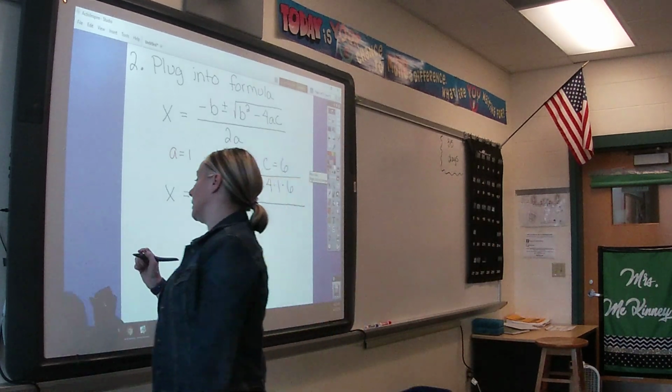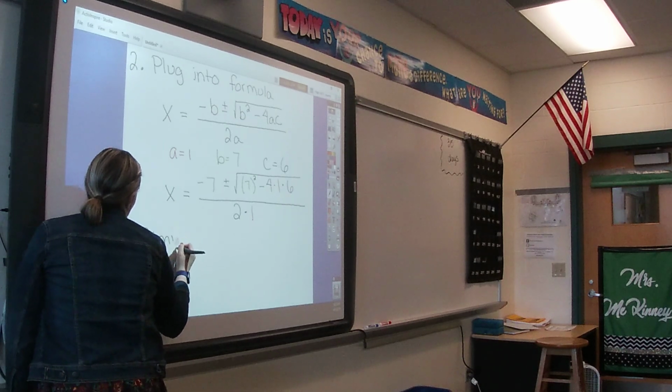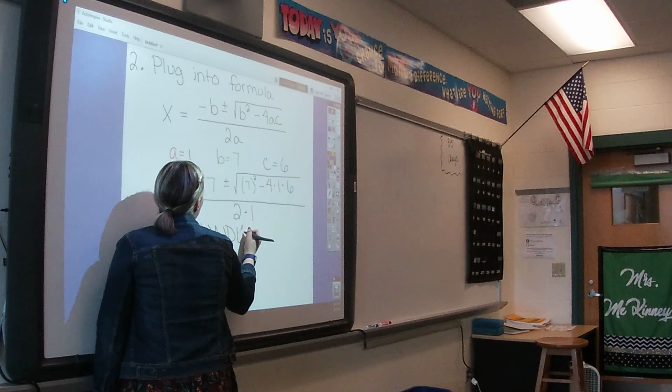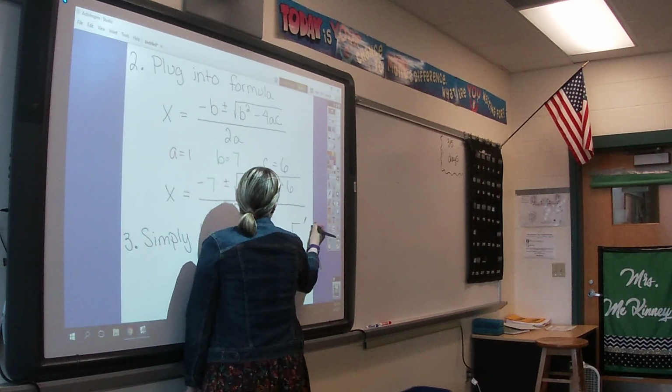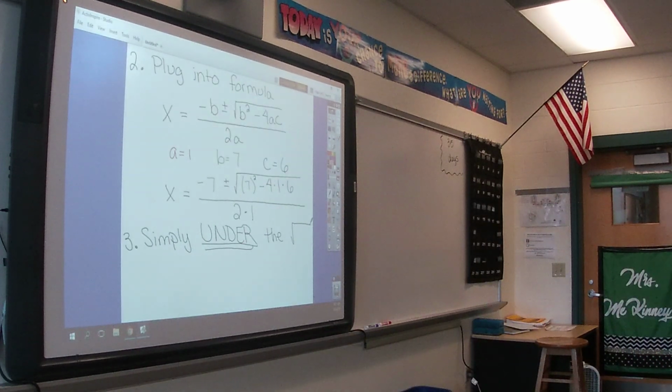Step 3. You are going to simplify, this is the key here, under the square root. If you are using your calculator, do not type the square root into your calculator.